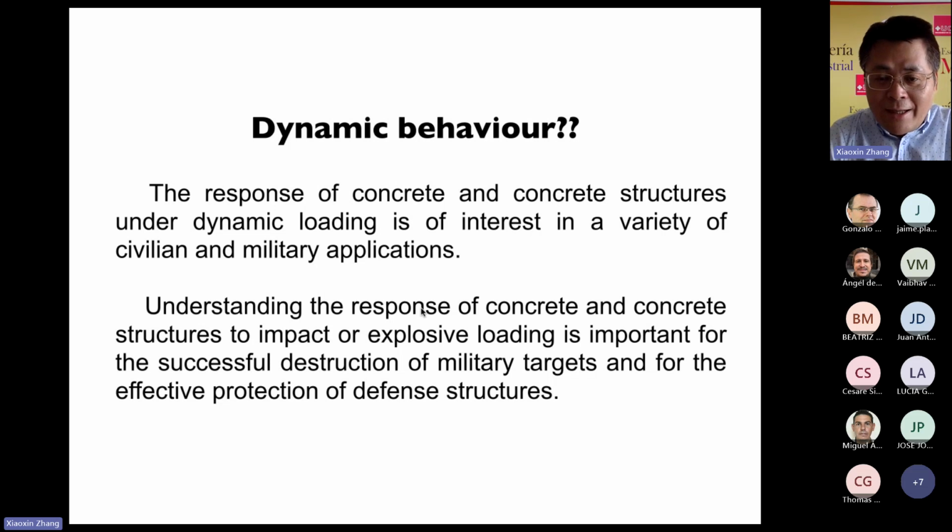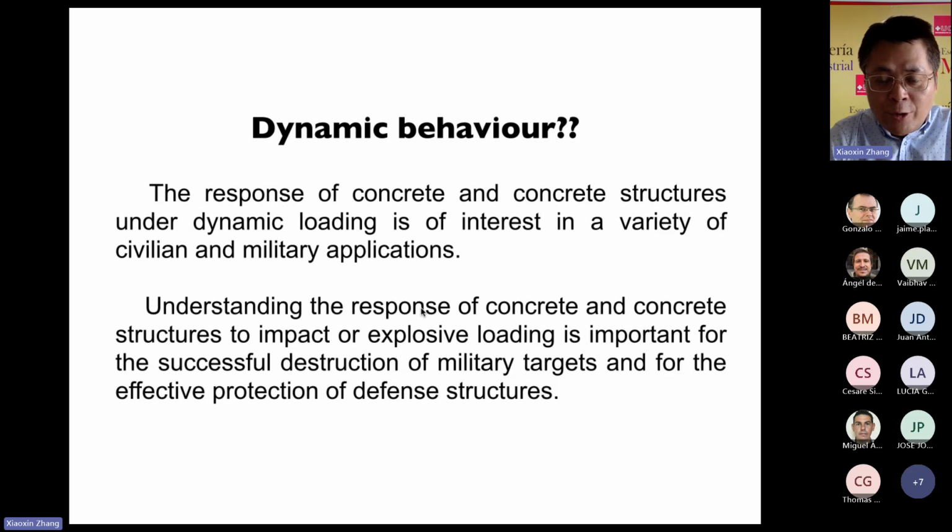So why dynamic behavior? Because we are always studying quasi-static fracture behavior of fiber reinforced concrete, but why do we need to study dynamic behavior? The response of concrete and concrete structures under dynamic loading is of interest in a variety of civilian and military applications.